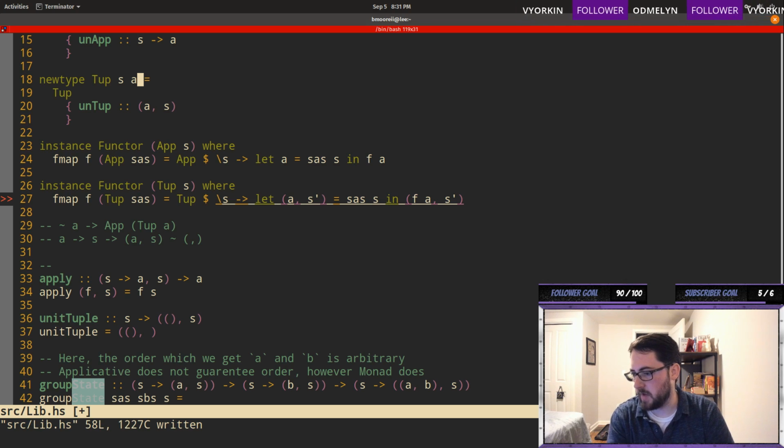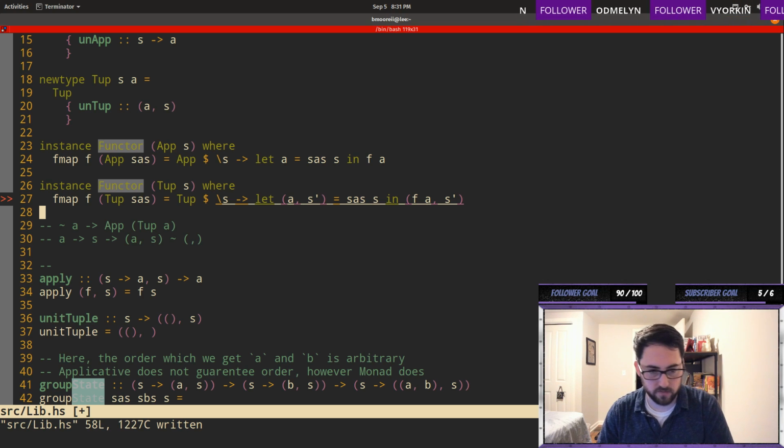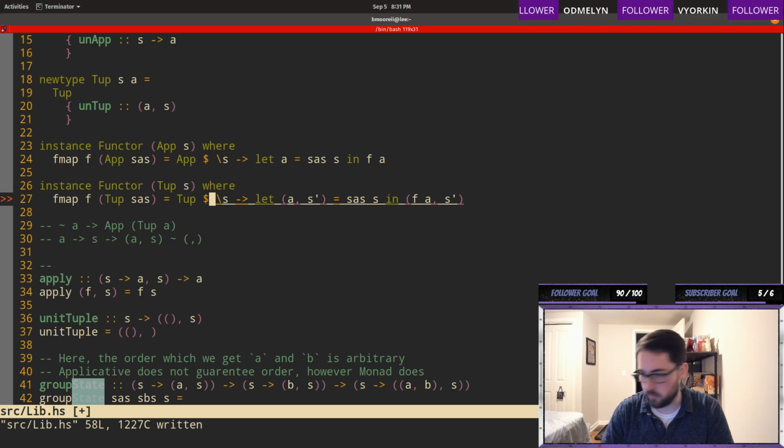Or is it supposed to maintain the order? I mean, I guess you're gonna have to flip them at some point. Well, that's okay. If we do it the other way, then I can't do a functor on A, which is what I'm trying to do. Yes. That's no worries. You're helping me a ton. I really appreciate it. I'm just thinking out loud, and you're typing, which is a lot harder.